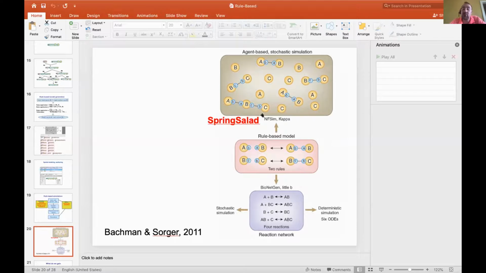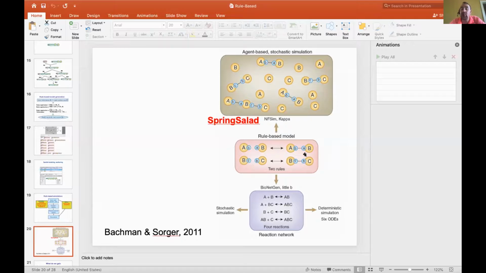Then, given this reaction network, you can parameterize it and start simulation. What NFsim does is similar to Spring Salad that was discussed yesterday. You have an initial distribution: a certain number of molecules B, molecules A, molecules C, all of them non-spatially, without any diffusion. They can participate in these rules.